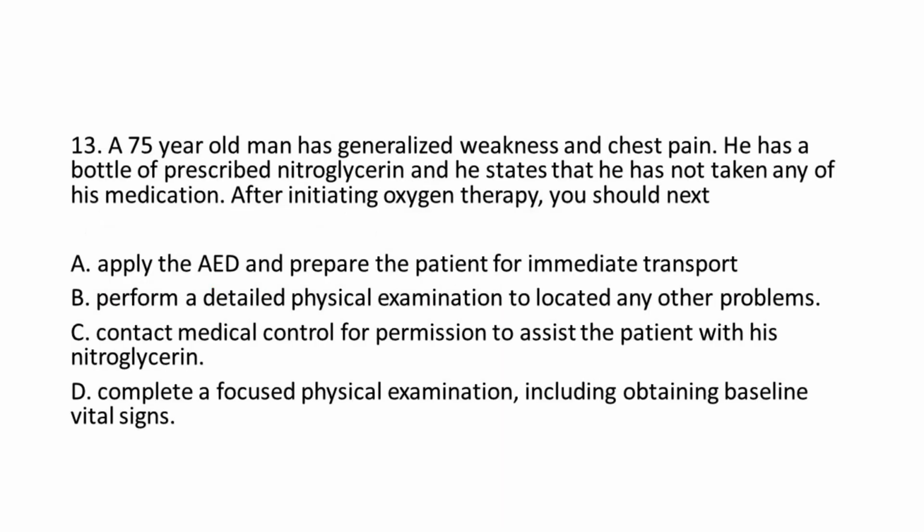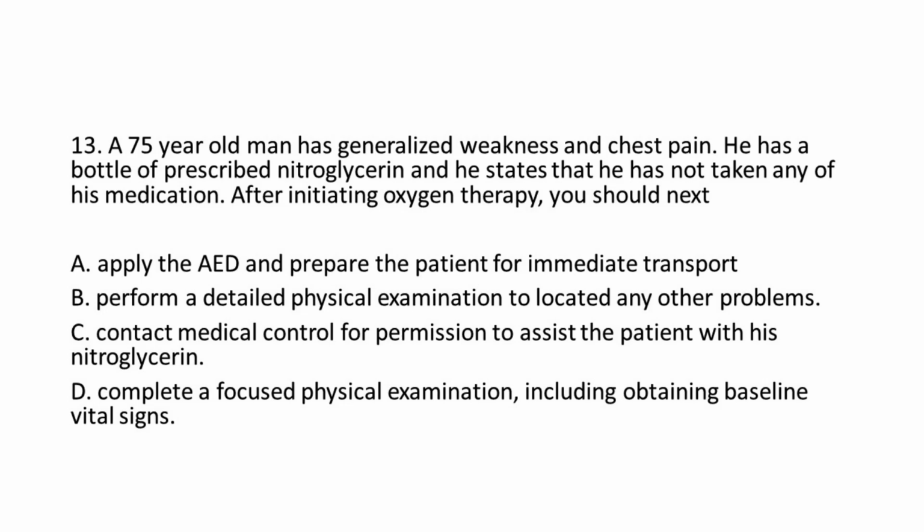13. A 75-year-old man has generalized weakness and chest pain. He has a bottle of prescribed nitroglycerin and he states that he has not taken any of his medication. After initiating oxygen therapy, you should next: A. Apply the AED and prepare the patient for immediate transport.